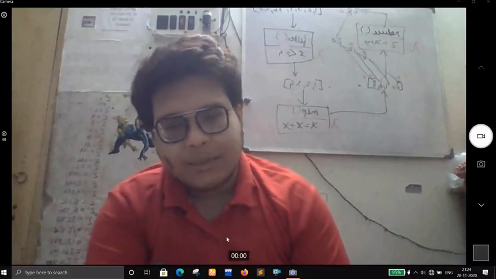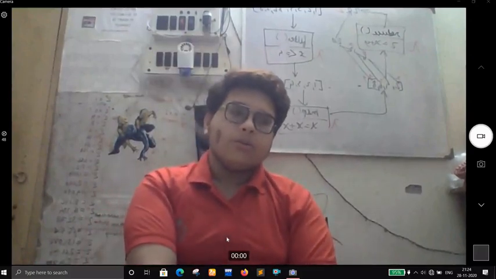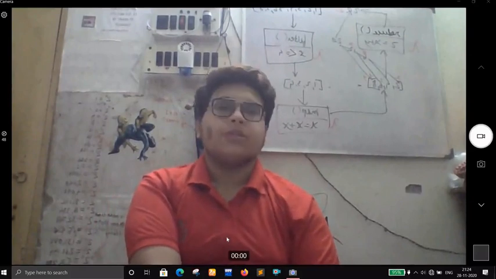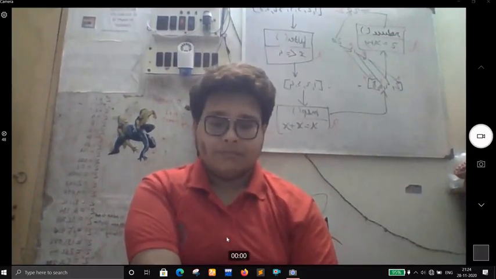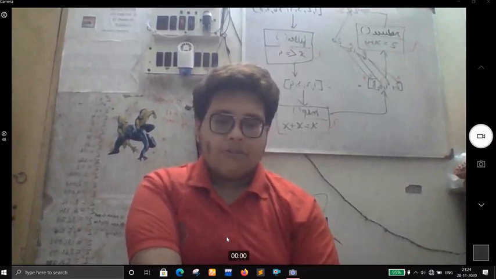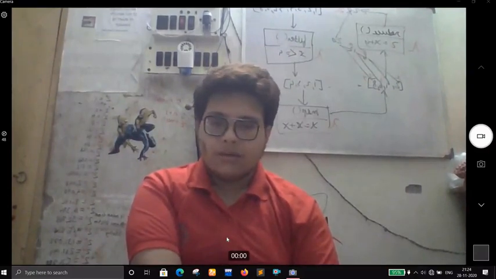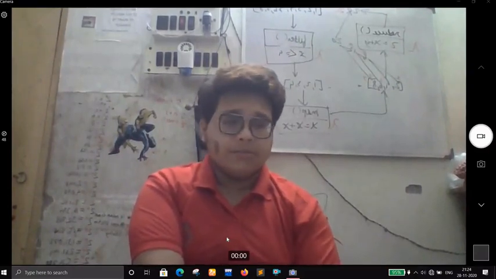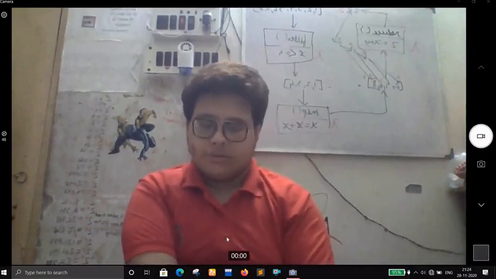Now, let's take another example of map. Let's say you have an expression a plus b. You want to compute a plus b for everything, or okay, a plus b is a little more complex. Let's say you want to compute if the number is even or odd.